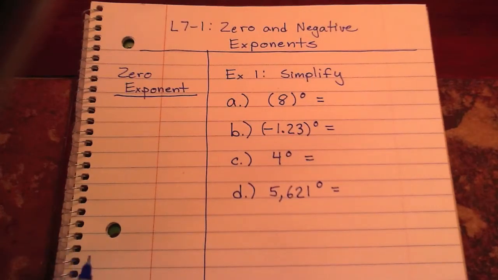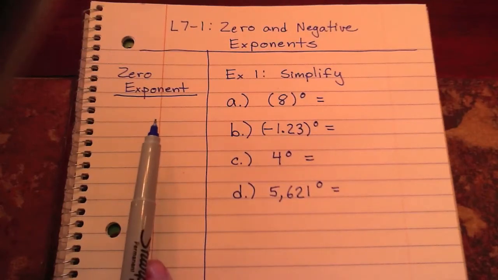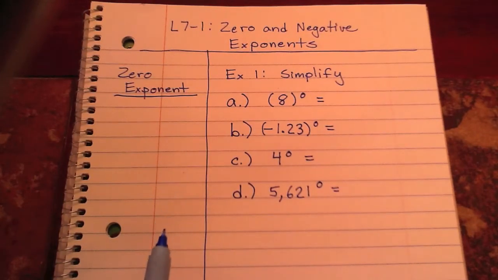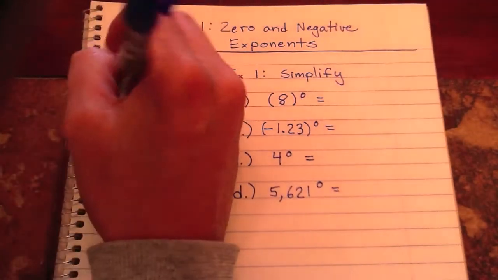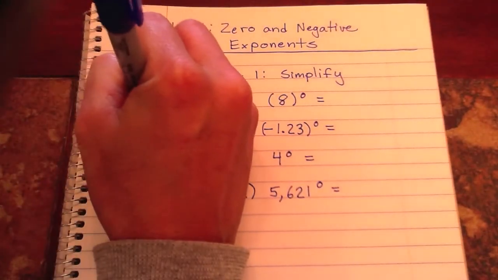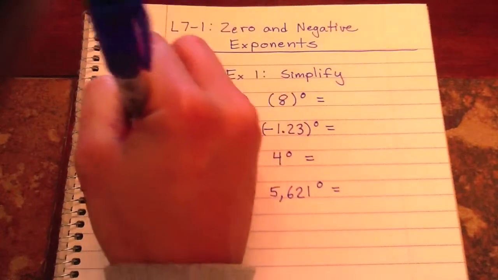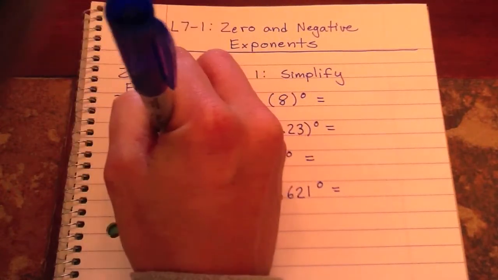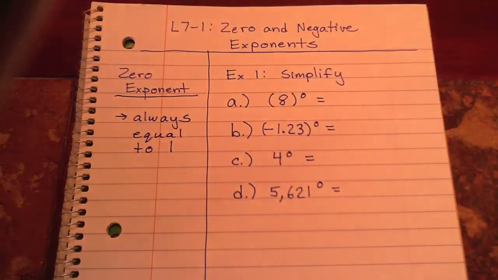So the rule is that all zero exponents are always equal to the number 1. That's all you have to memorize for that.